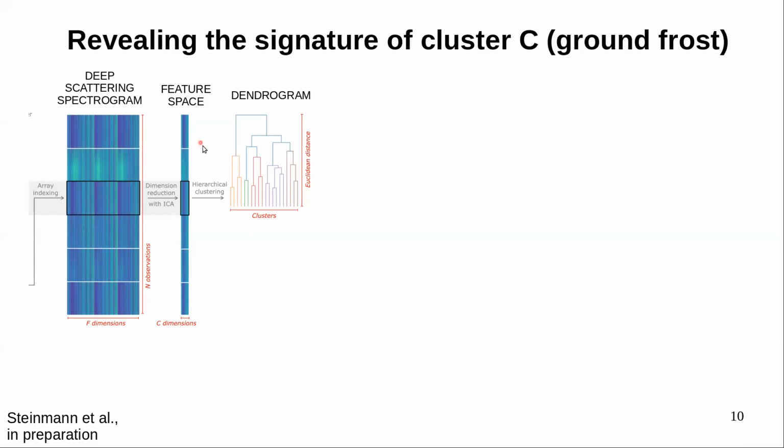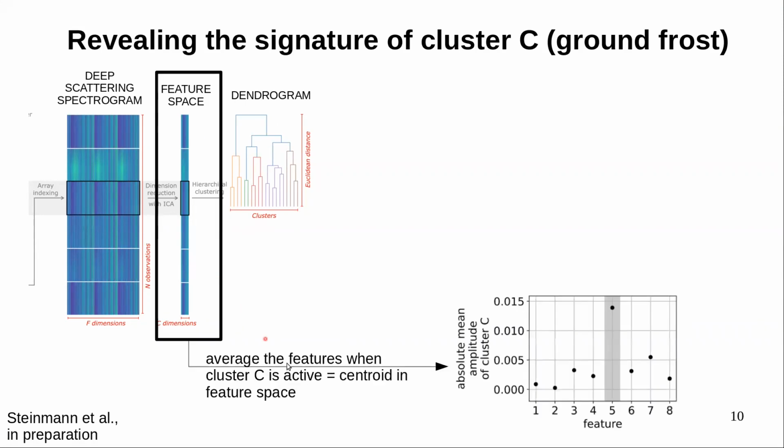And we can answer that question by looking at the centroid of cluster C, which is kind of the average. So this we show here, it's the absolute centroid. And we know that feature 5 has quite large values compared to the other features. So that means that when cluster C is active, we have large values on feature 5.